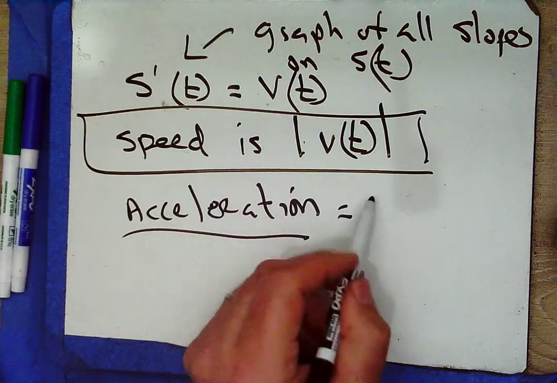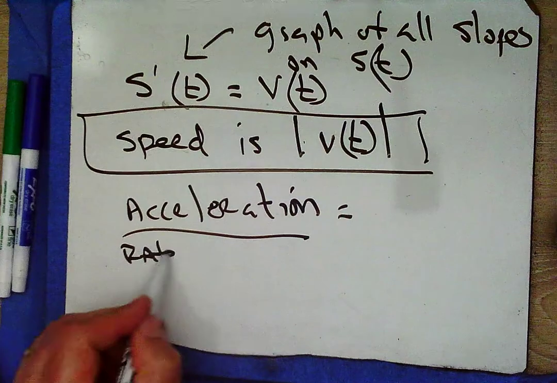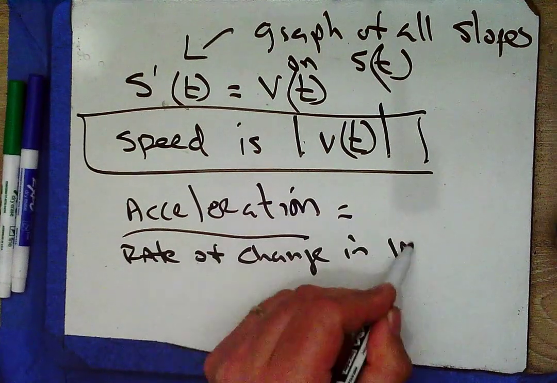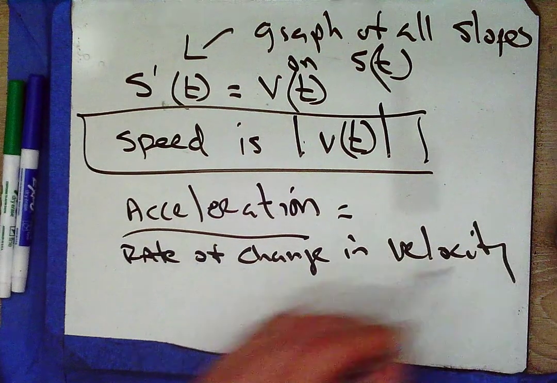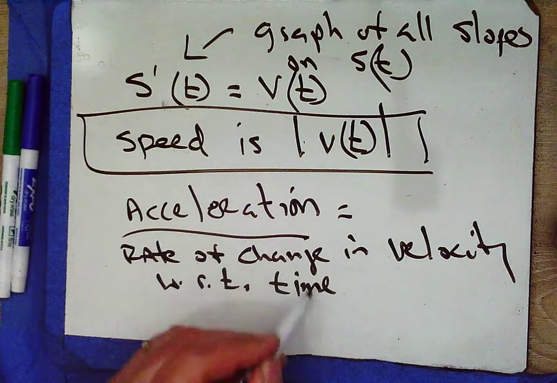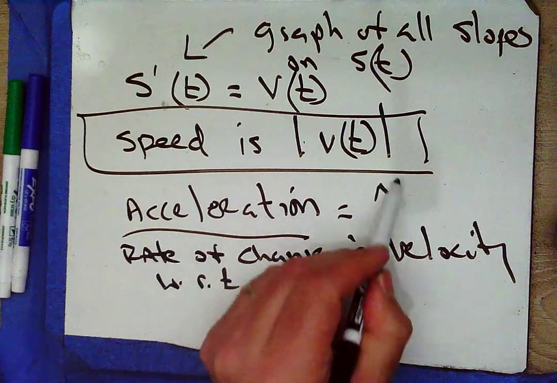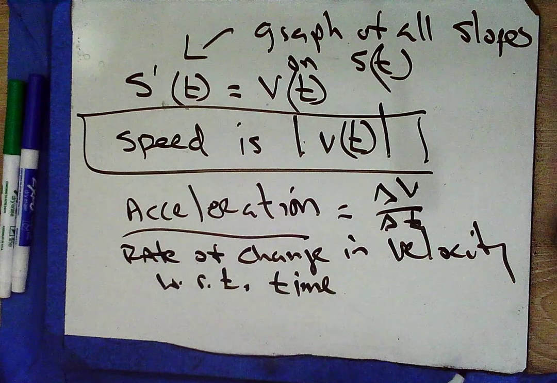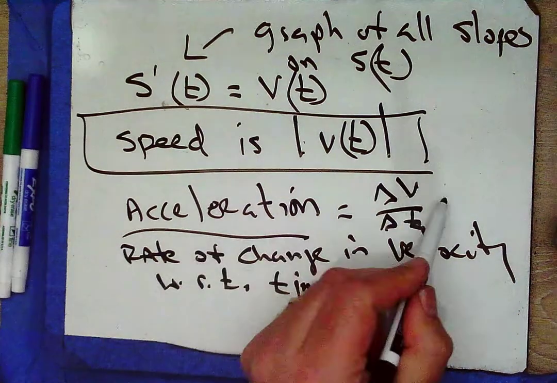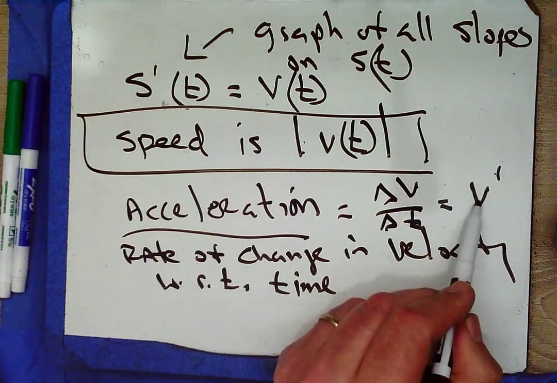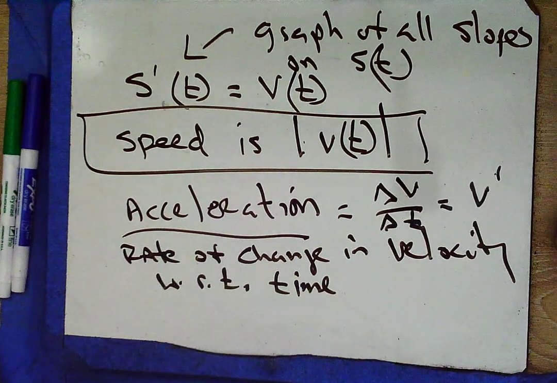Acceleration turns out to be the rate of change in velocity with respect to time. And so I could think about acceleration as a change in velocity with respect to a change in time. That also means that the slopes on velocity are acceleration.